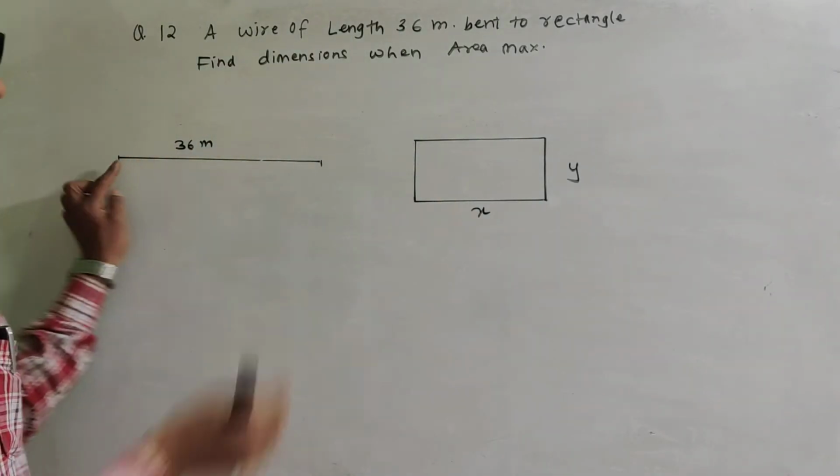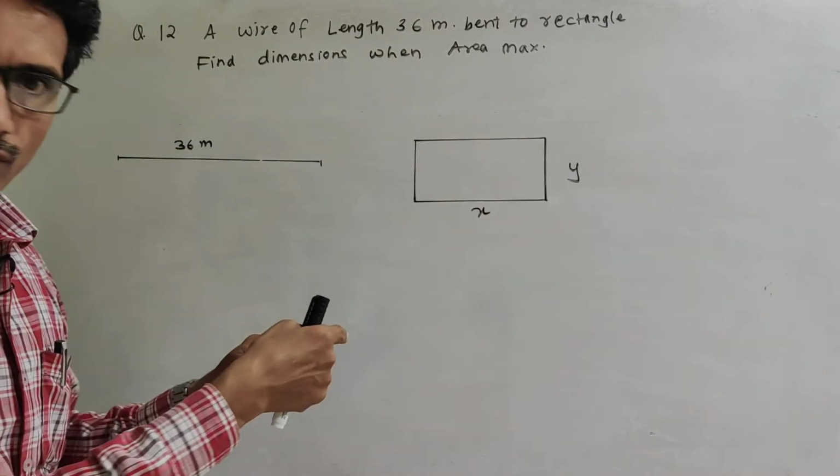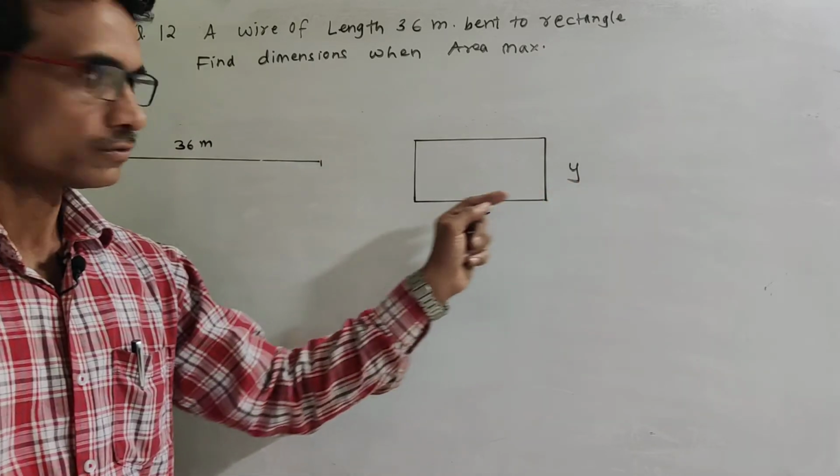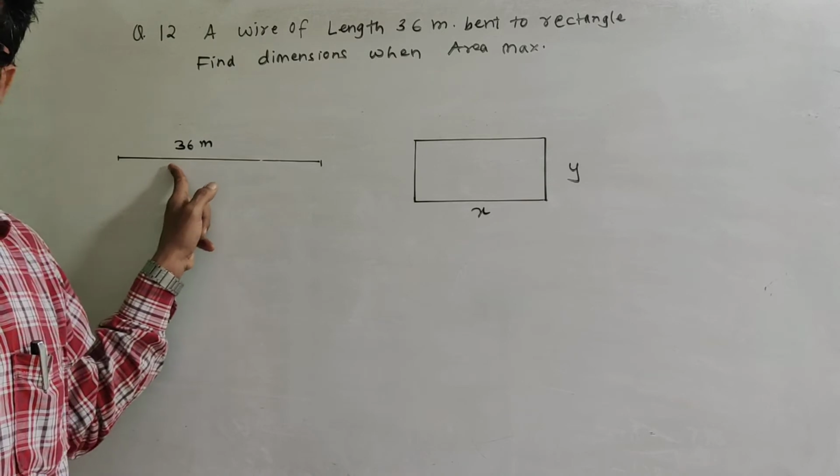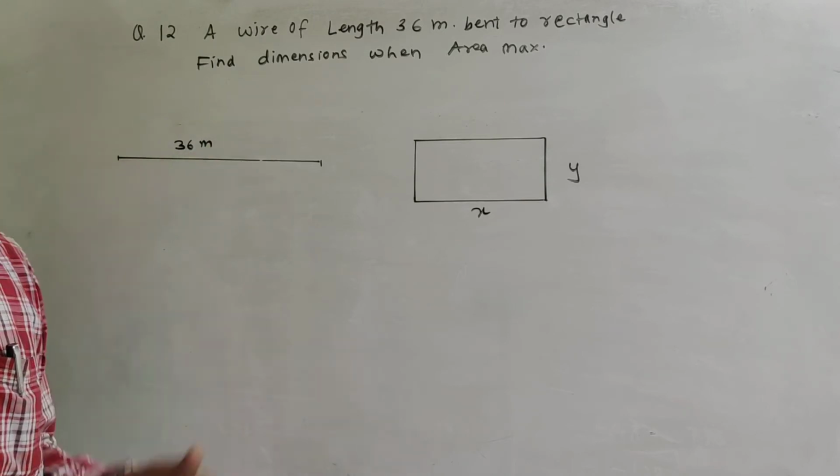The wire is bent into a rectangle, so the perimeter of the rectangle will be nothing but the length of the wire, and that is 36 meter.